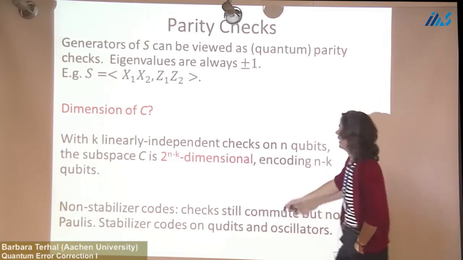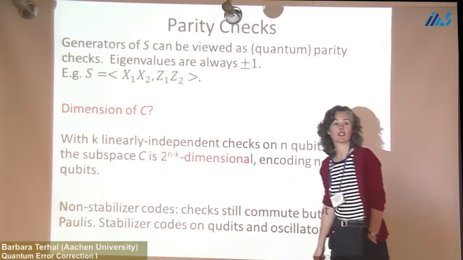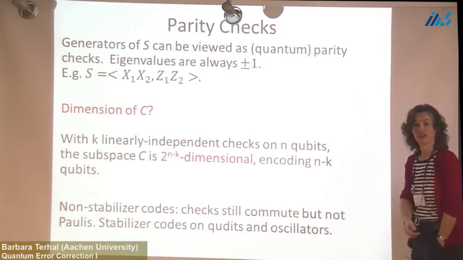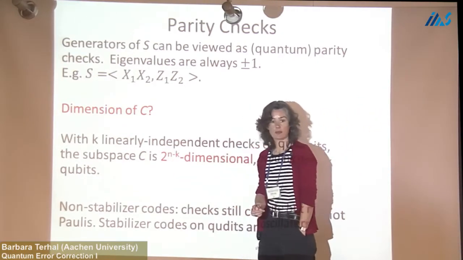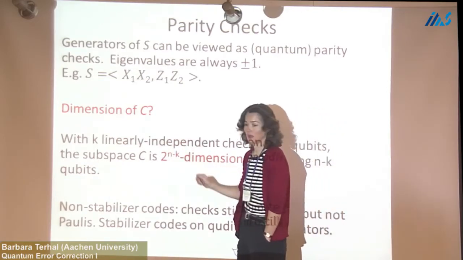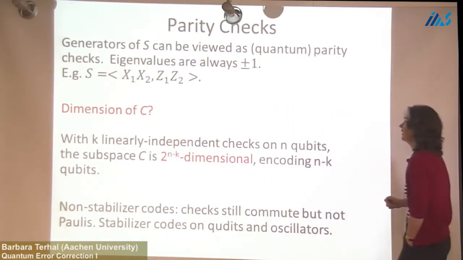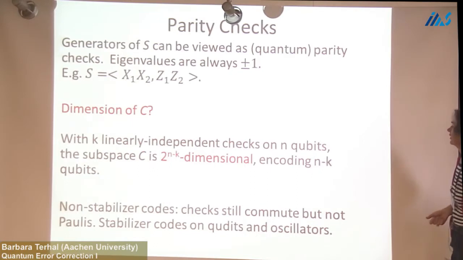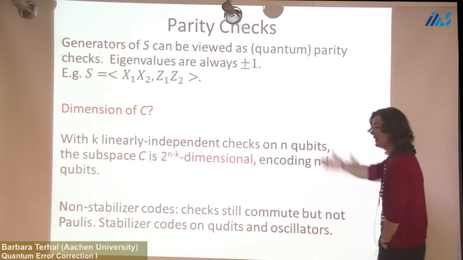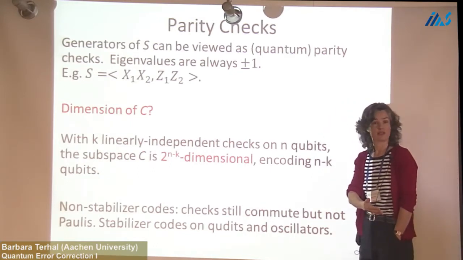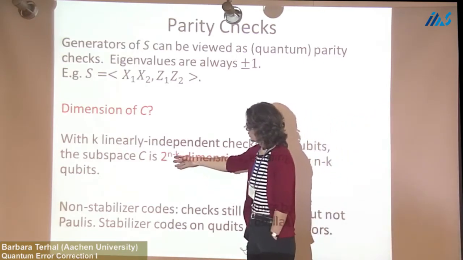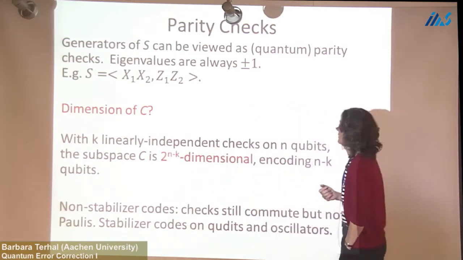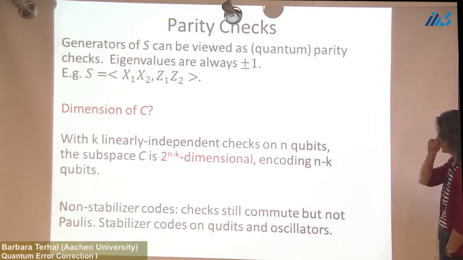If I say I'm looking only at the +1 eigenvalue space, I cut the space in half. So with one check, instead of a 2 to the n dimensional space, I get a 2 to the n minus 1 dimensional space. And the next check again cuts the remaining space in half, because it's linearly independent. And I have a 2 to the n minus 2 dimensional space. So that's how this expression comes about.